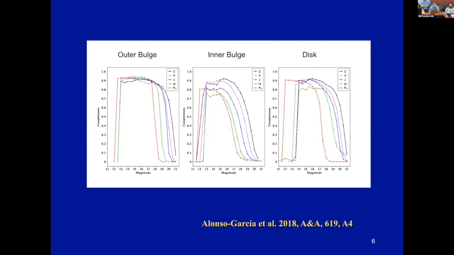And we also ran some completeness tests using artificial stars, and we see that the completeness was very good over most of the dynamic range of the camera. If we compare it with the aperture photometry, we were reaching about 1 magnitude deeper, and we also have better completeness than the aperture photometry.